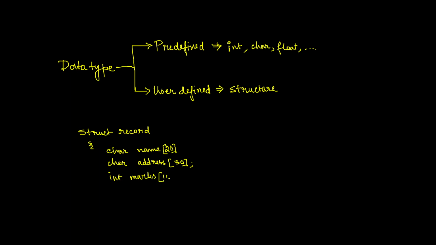So a lot of marks will be there, say 10, int age, and so on. Suppose that these are sufficient. So now if I just create a structure instance of this, say struct record R1, then how many bytes will it occupy?